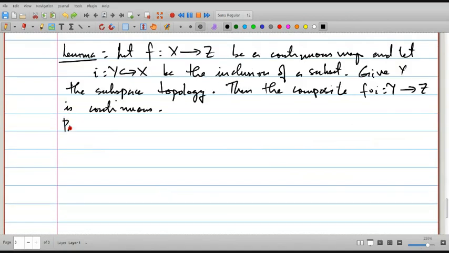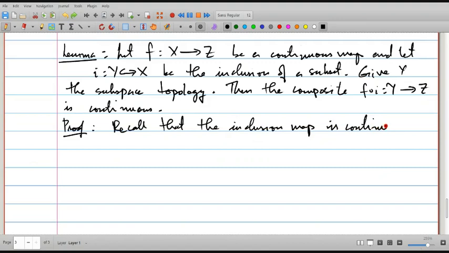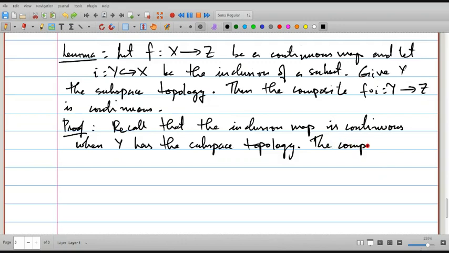So proof. Recall that the inclusion map is continuous when Y has the subspace topology. And from the previous lemma, the composite of continuous maps is continuous.